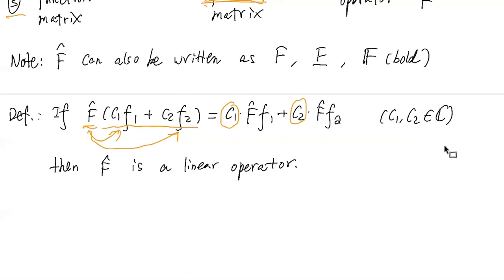This is very important because in general, C1 and C2 are complex numbers. If you get C1 star, if you get the complex conjugate, then F is not a linear operator. So in a sense, the complex conjugate itself is not a linear operator.